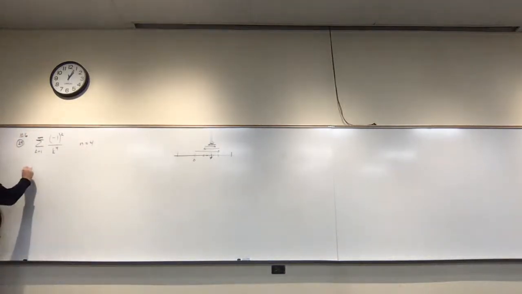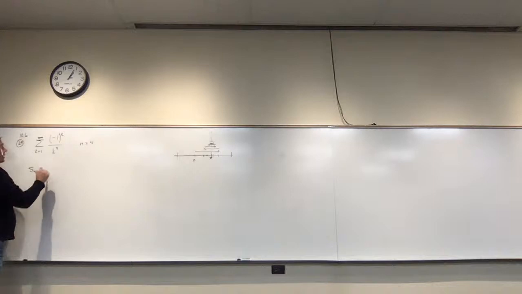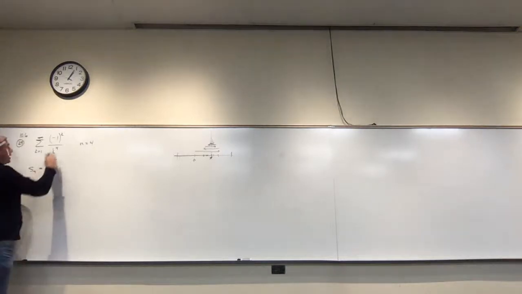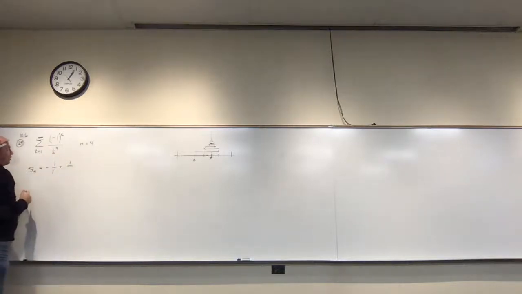It says find S sub 4. Right, so add up the first 4 terms of this series. So if k was 1, we would get negative 1 over 1, correct? If k is 2, I get positive 1 over 2 to the 4th, which is 16.